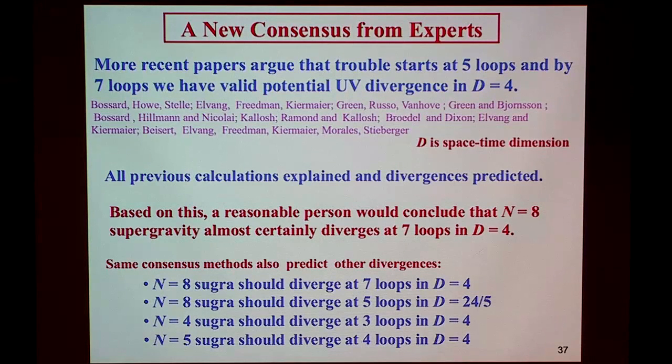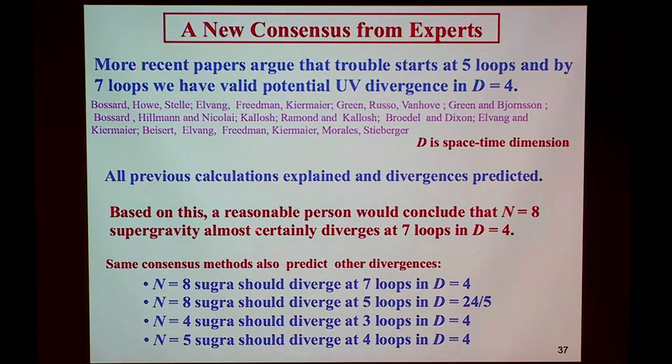Every calculation we had done was explained by some kind of standard argument, just refined. They worked on it and polished their arguments, and after a while, they could explain everything we had done. And then they predicted that we'd start having trouble at 5 loops, and by 7 loops, it would diverge.